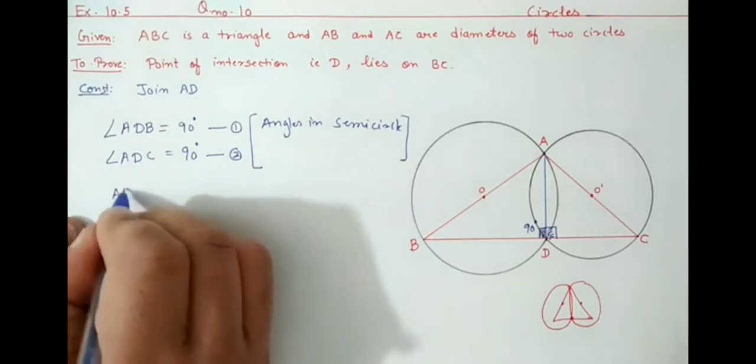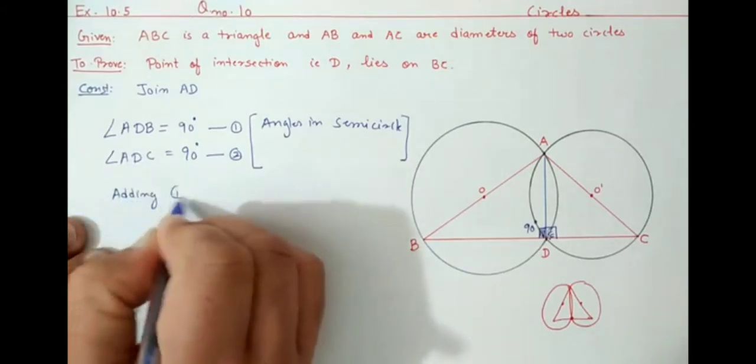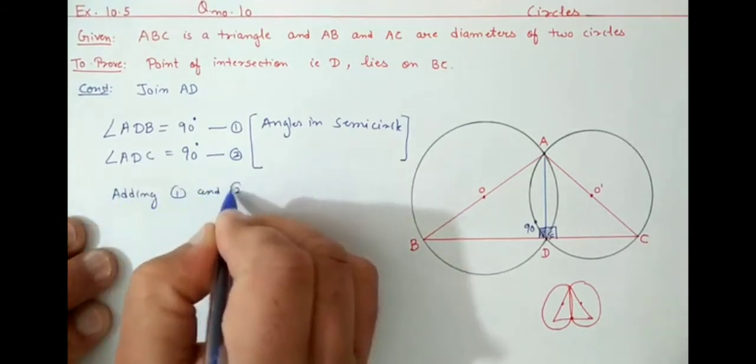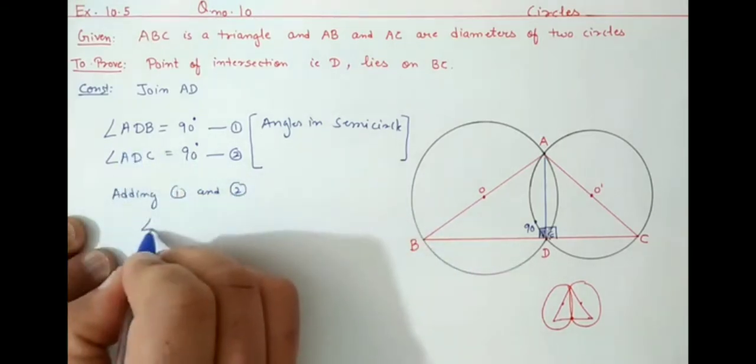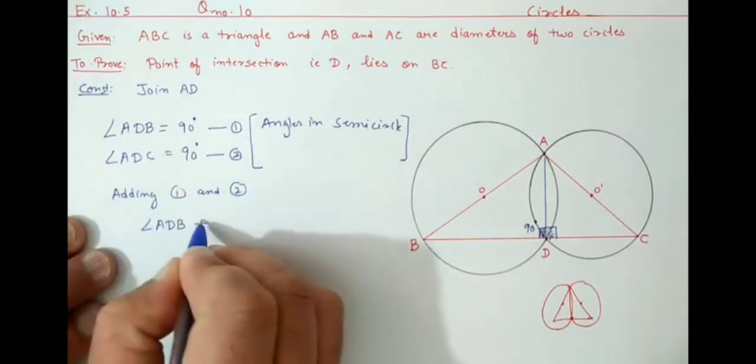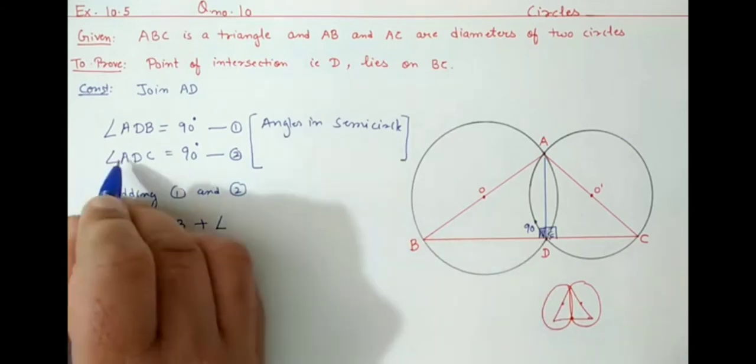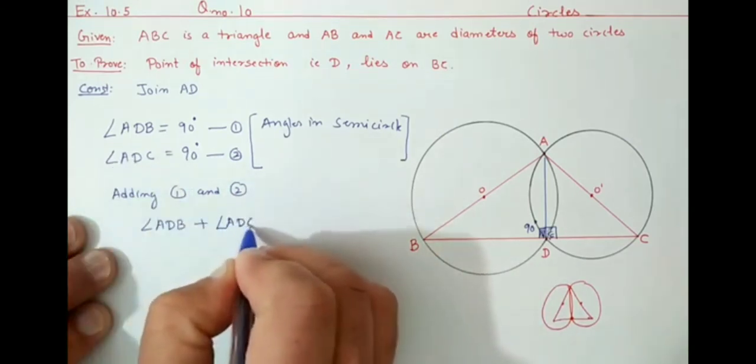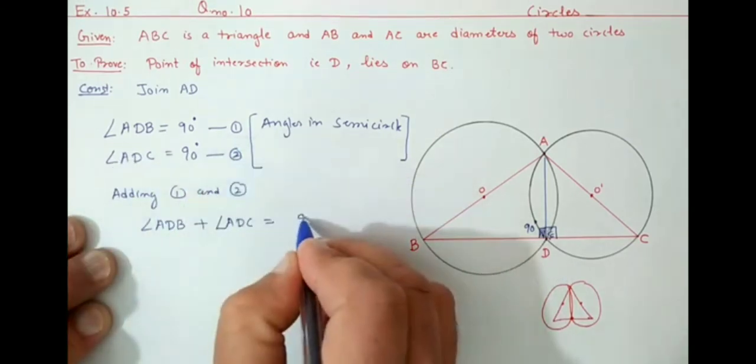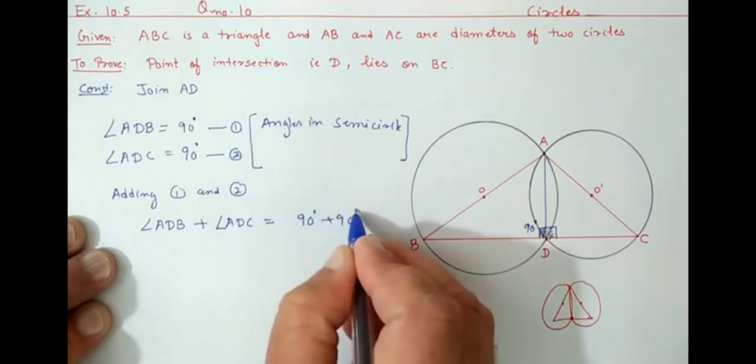Now add equations 1 and 2. Adding equations 1 and 2, adding LHS to LHS, angle ADB plus angle ADC equals 90 plus 90.